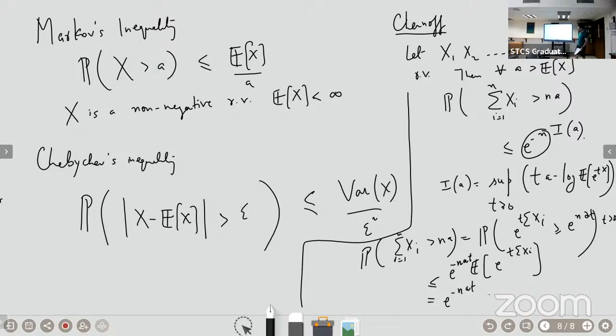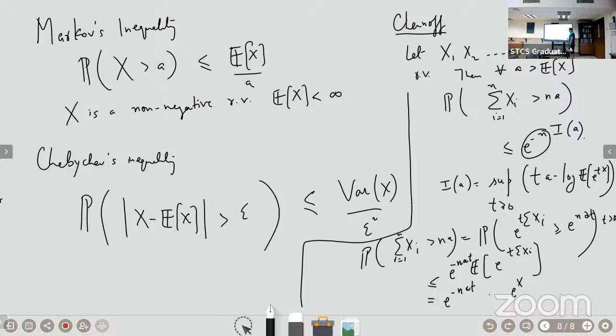It's a product inside the exponent. So what would I write here? Something like e to the x. Or let me just say x, so that x has the same distribution as x1 through xn.